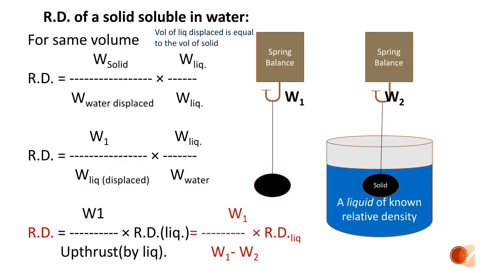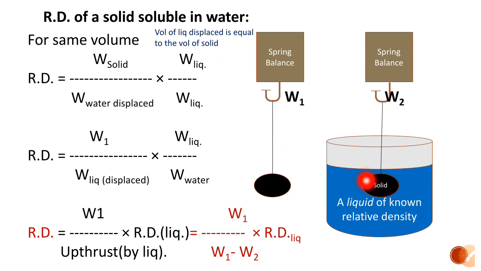Now see the next point: how to calculate the relative density of a solid soluble in water. For the same volume, the volume of liquid displaced is equal to the volume of solid, because here we take another liquid of known relative density, a liquid in which this solid is insoluble.